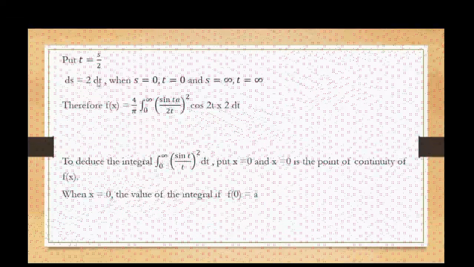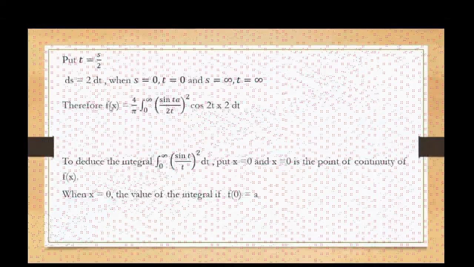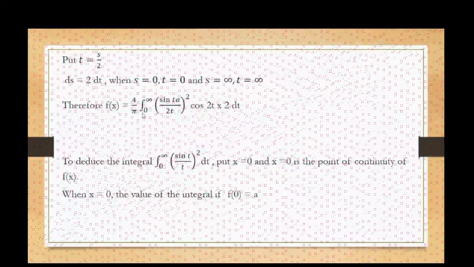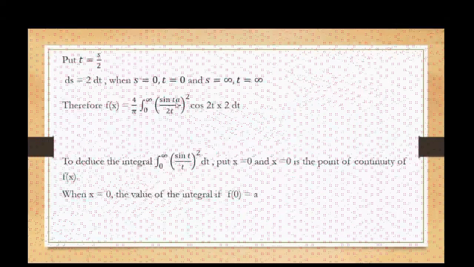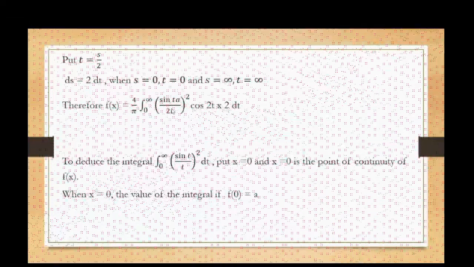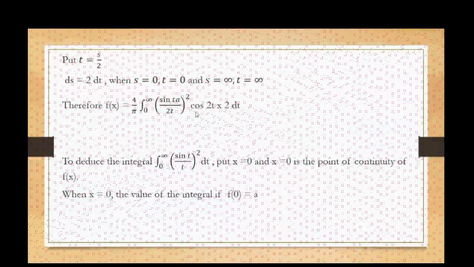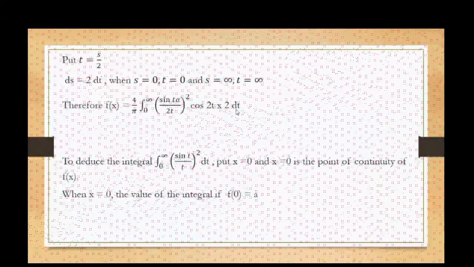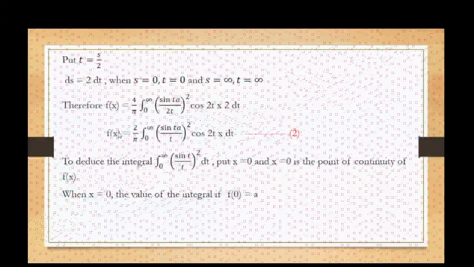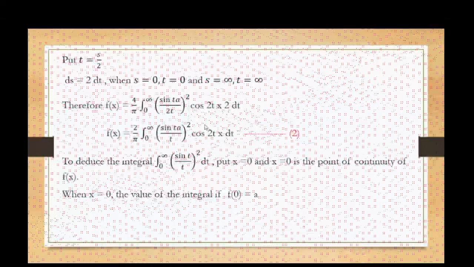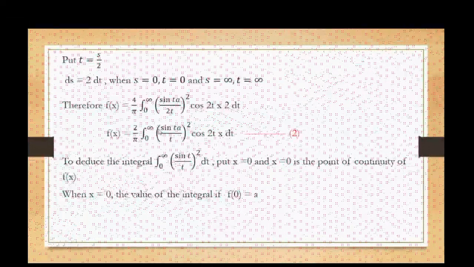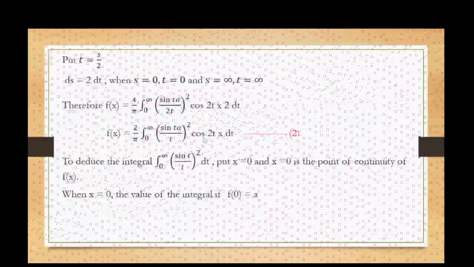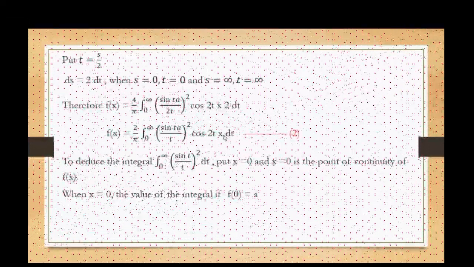Therefore f of x is equal to 4 by pi integral 0 to infinity (sin ta by 2t) whole square cos 2tx into 2 dt. Okay, so f of x is equal to 2 by pi integral 0 to infinity (sin ta by t) whole square cos 2tx dt. Let it be equation number 2.